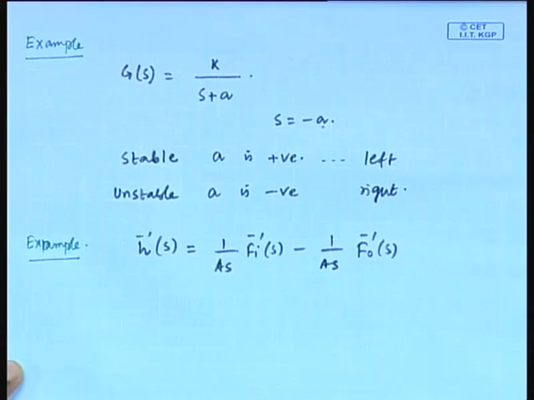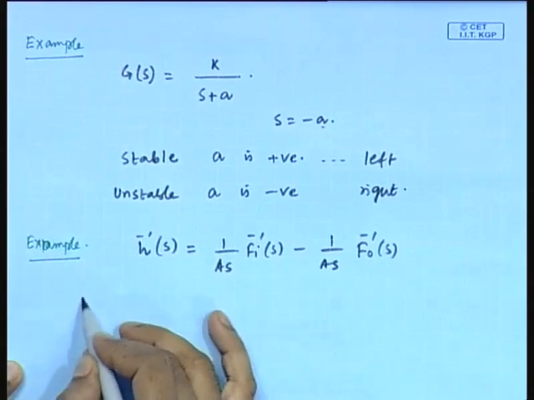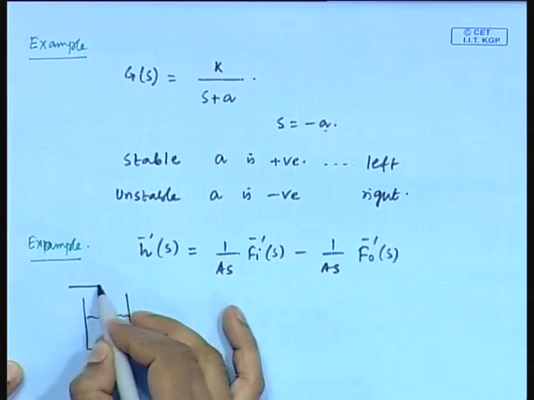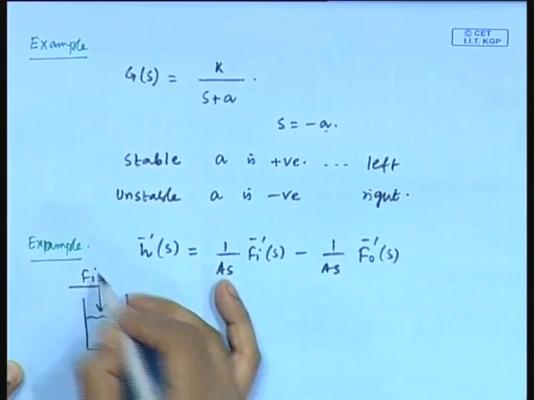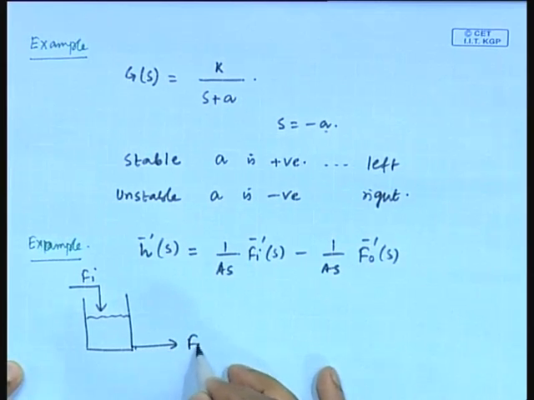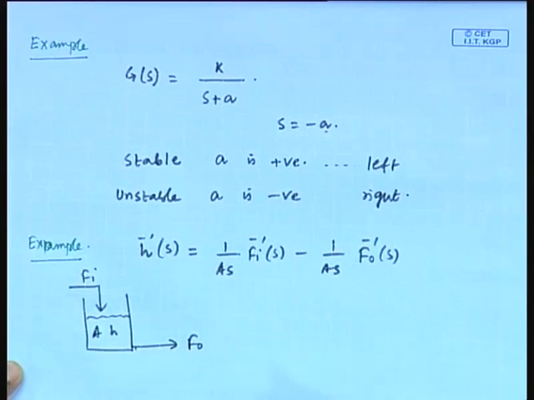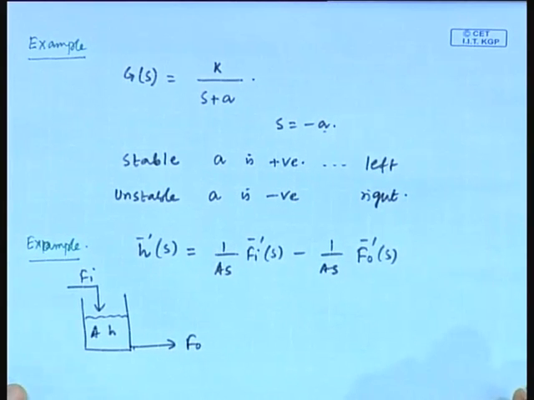And this model we got considering this system, F_I and F_o. Fine. A is the cross sectional area and h is the height.